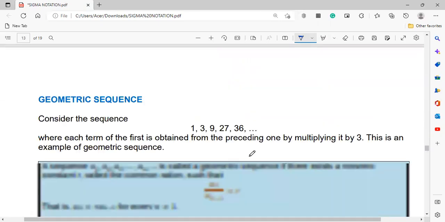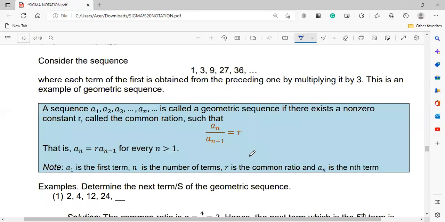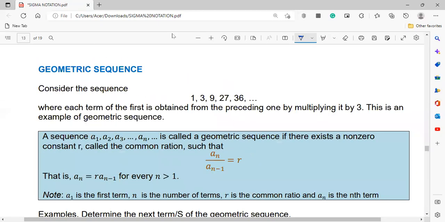Okay. Now, in arithmetic sequence, you just need to determine the common difference. But if we're going to make use of multiplication, then there is what we call geometric sequence. If you observe the terms 1, 3, 9, 27, and 81, you notice that the next term is solved by multiplying 3 to the preceding term. Okay, that is 1 times 3 is 3, 3 times 3 is 9, and so on.